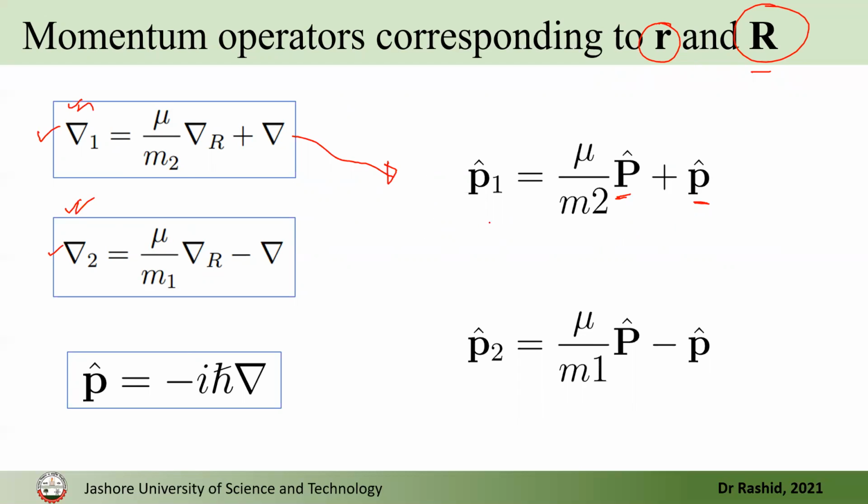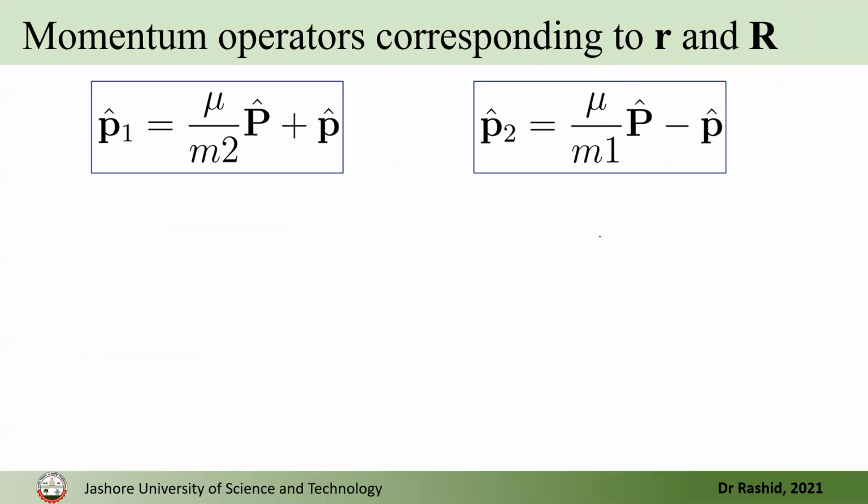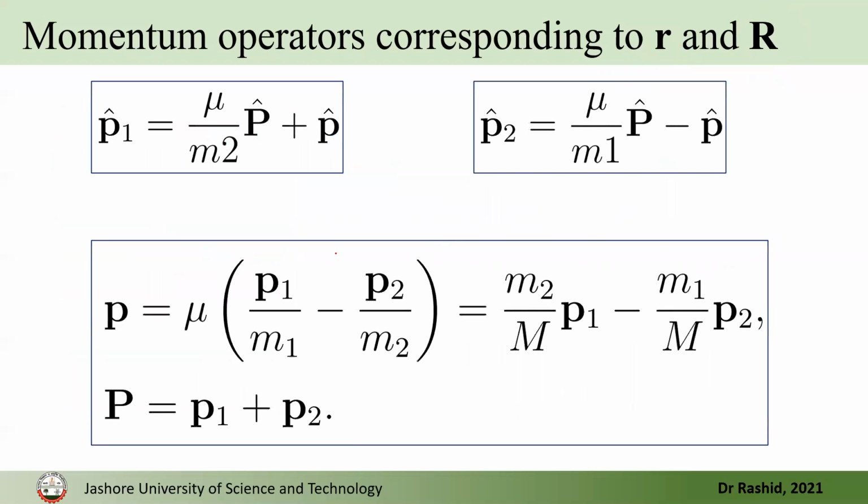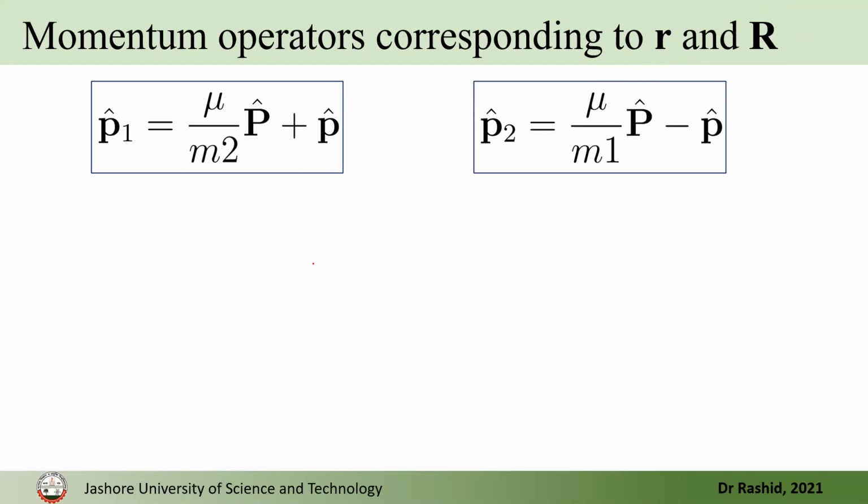Okay, so we have these two equations. Now we want to solve these two equations to get the capital P and small p. So let's do the solutions first.